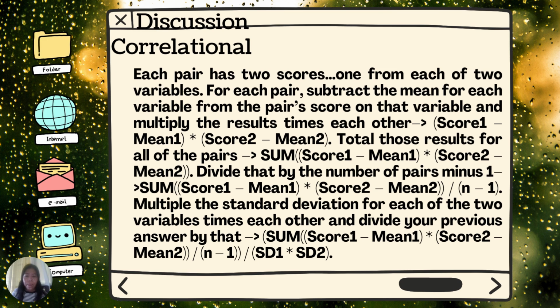Then multiply the standard deviations for each of the two variables times each other and divide your previous answer by that: the sum of score 1 minus mean 1 multiplied by score 2 minus mean 2, over n minus 1, over standard deviation 1 multiplied by standard deviation 2. That is the description presented for table 2.